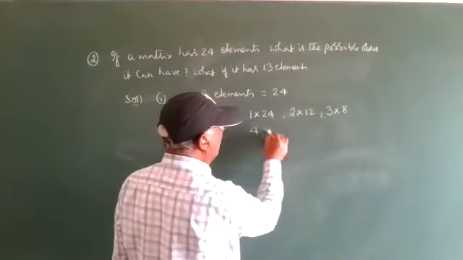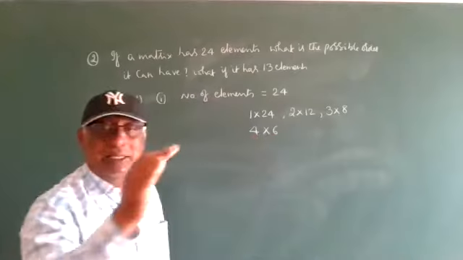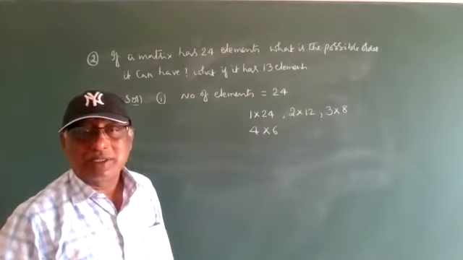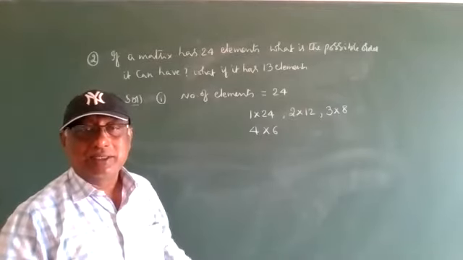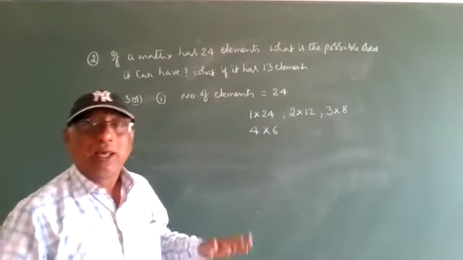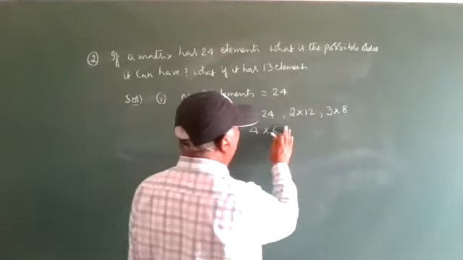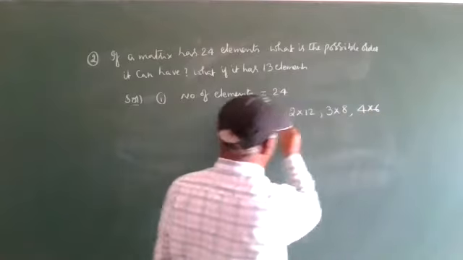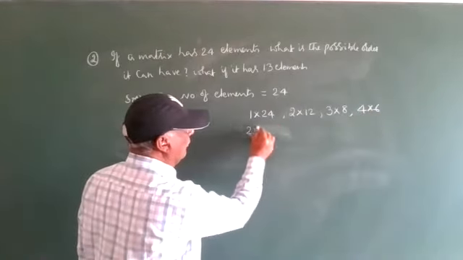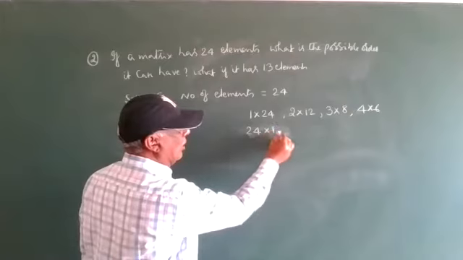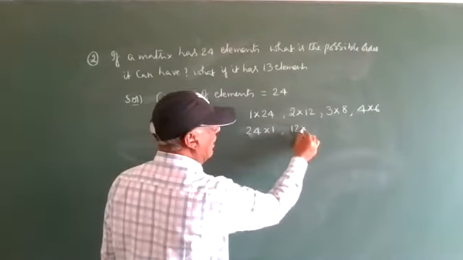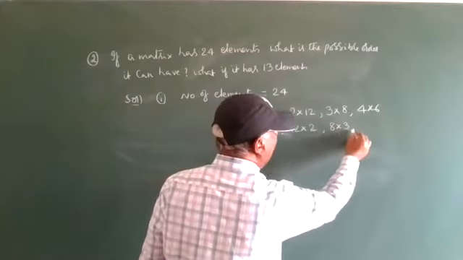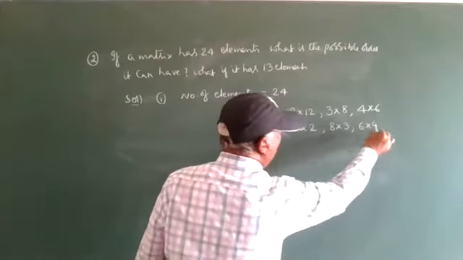4 into 6: 4 lines, each line has 6 elements, is possible. Is it clear? Reverse order is also possible. 6 into 4, 8 into 3, 12 into 2, 24 into 1.